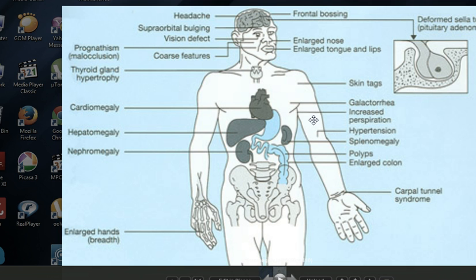It can be associated also with or can be involved in MEN type 1. MEN type 1 includes hyperparathyroidism, so it can be associated with hypercalcemia and its symptoms: increased thirst, constipation, low mood maybe, and increased frequency of urination.